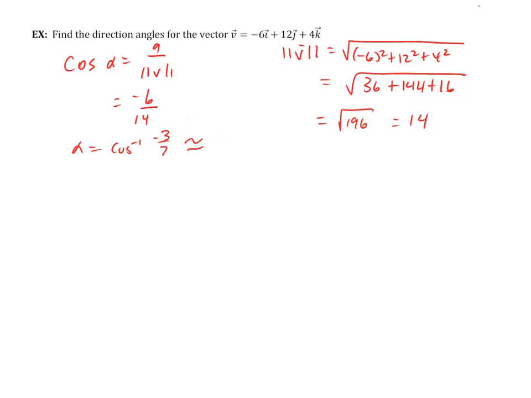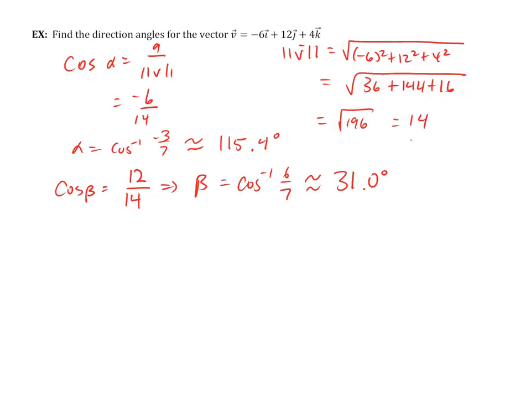Which in my calculator gives me 115.4 degrees. Cosine of beta would be b, or 12, over the magnitude of v, which is 14. So beta is the cosine inverse of 6/7, or approximately, using my calculator, 31.0 degrees.